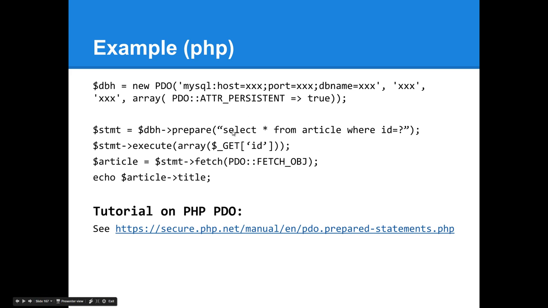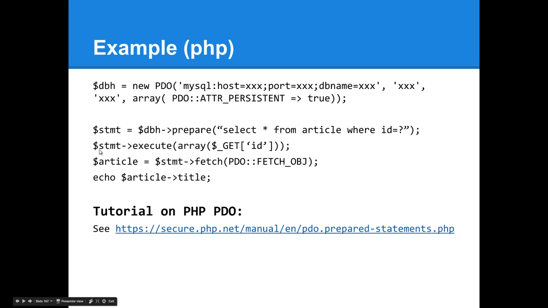And here's an example of it being used. You would prepare your statement with the database handler prepare function, and wherever your parameters go would be a question mark. So the statement here is select star from article where ID is given by the parameter.